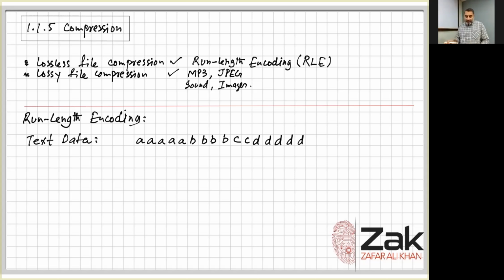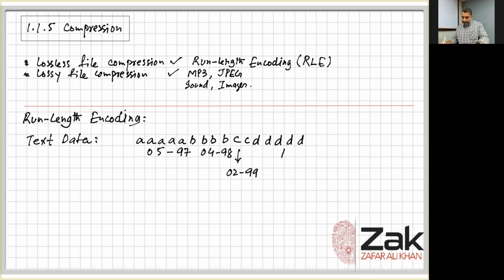So as I said, the first value represents the number of identical data items. In this run, if we could see, it is 5 times ASCII code 97. And this is 4 times ASCII code 98. And this is 2 times ASCII code 99.